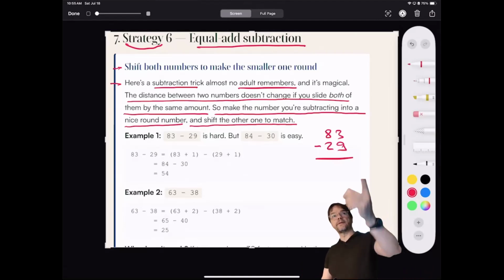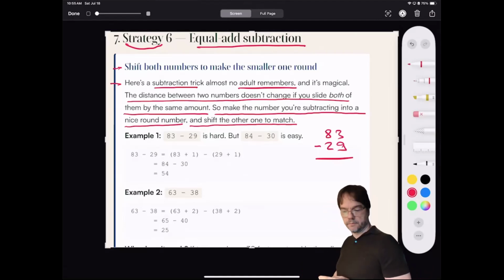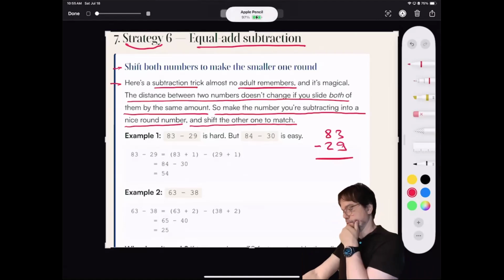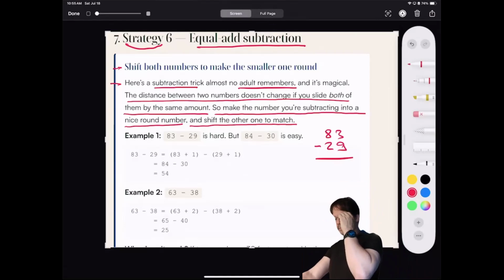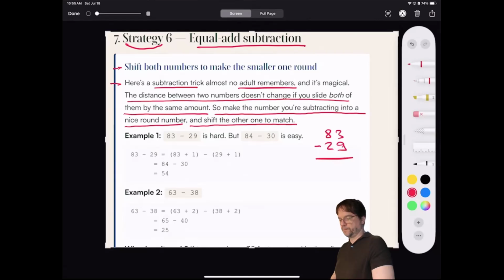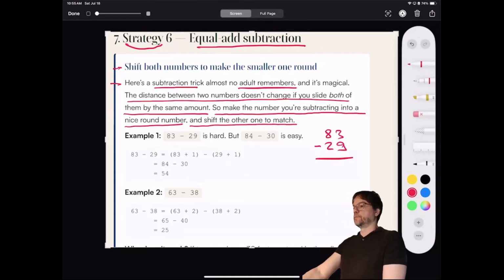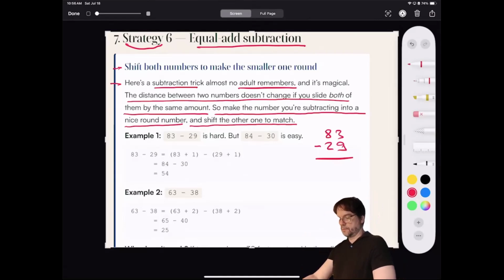Yeah, it's written there for it. Okay. 24. 70. 64.